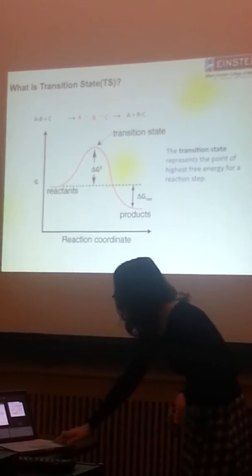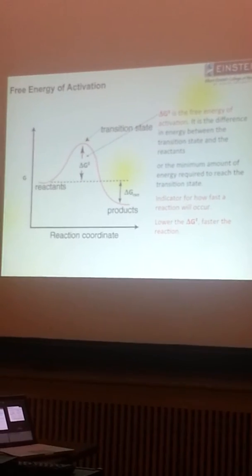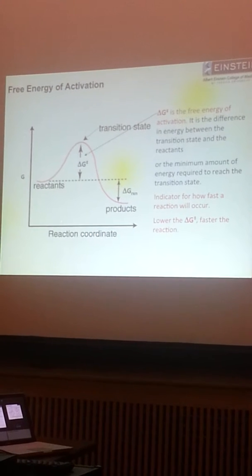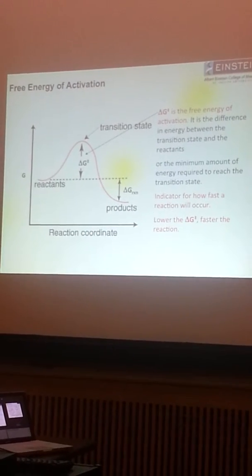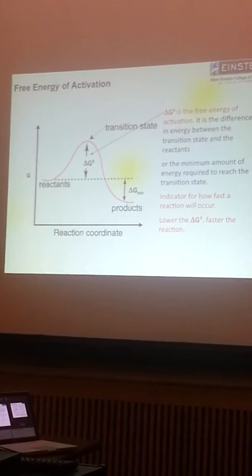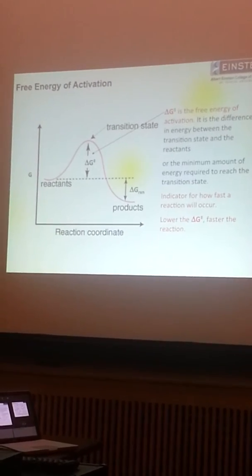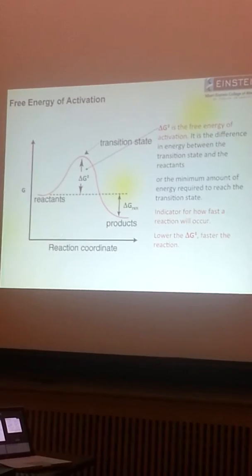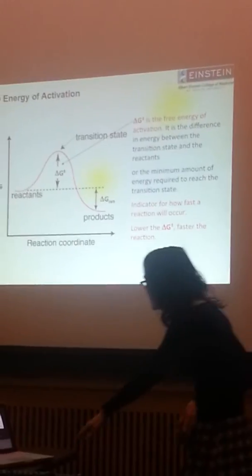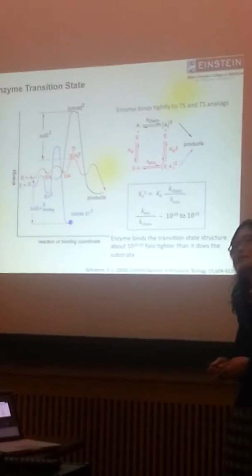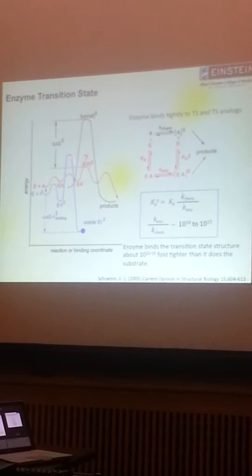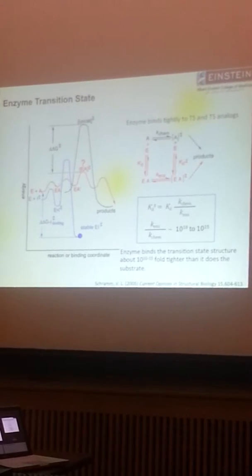The energy difference between the reactant and the transition state is called the activation energy. It indicates how fast the reaction can go. Usually, if you lower the activation energy, the reaction will go faster.